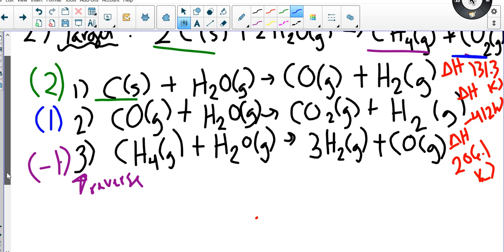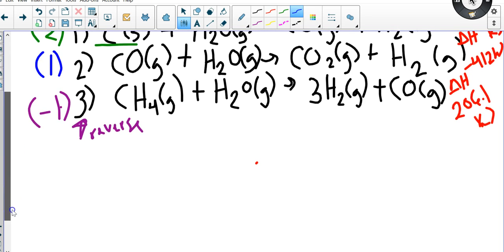Yeah, you're going to write 3H2 plus CO gives you CH4 and water. You're not changing sides. You have to multiply the enthalpy by negative 1. Okay. So the first one times 2. Second one, leave it alone. Third one, flip it over.